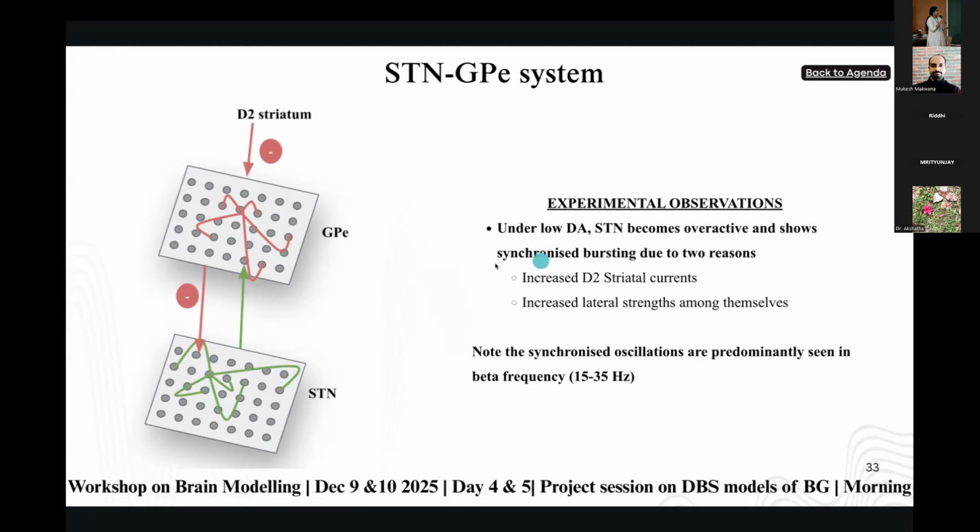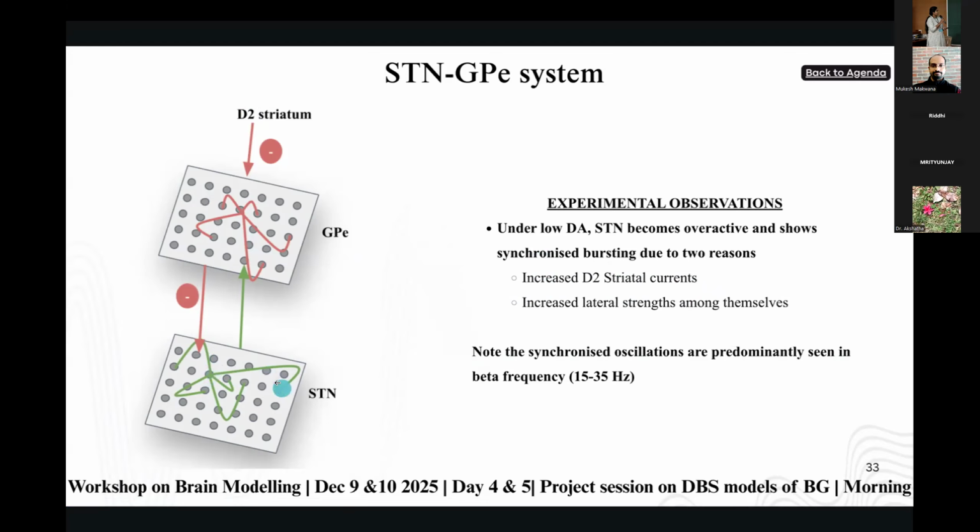Secondly, apart from that, dopamine also influences the lateral connections at STN. When I say lateral connections, apart from STN projecting to GPE neurons, STN neurons also connect among themselves. If I take this STN neuron, it connects to some other STN neurons with a certain probability, say out of all the neurons, it connects to some 50% of them. That is lateral connectivity.